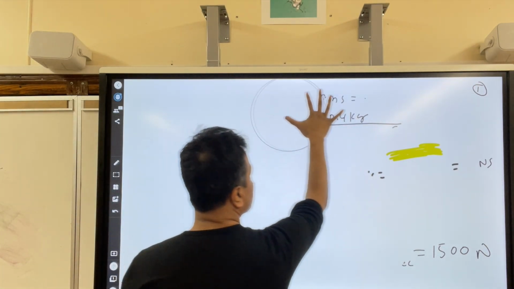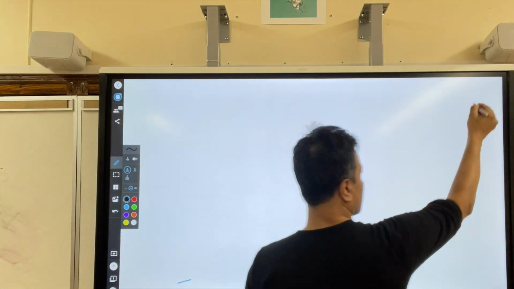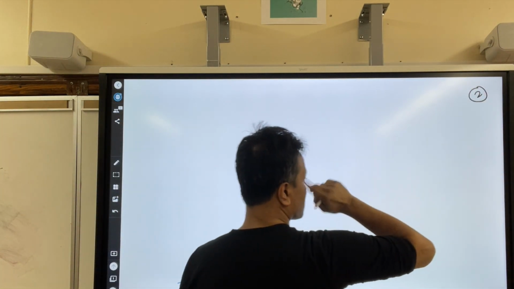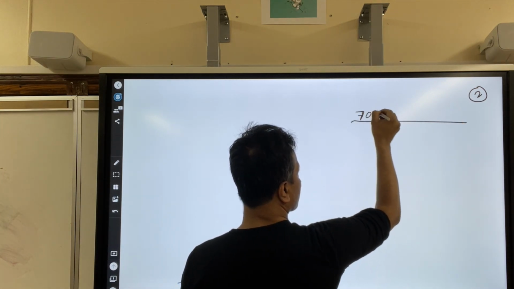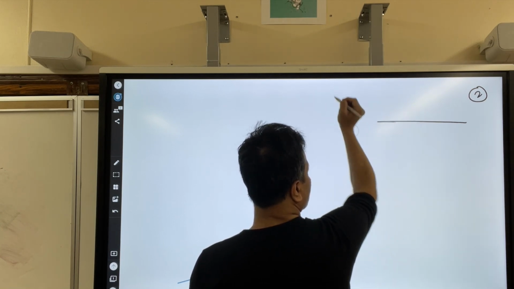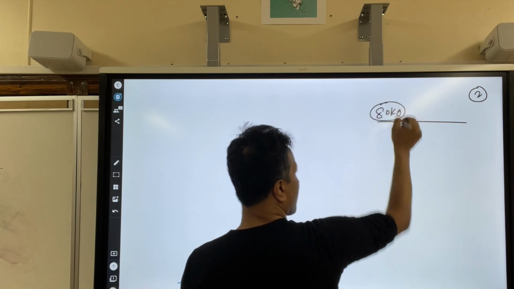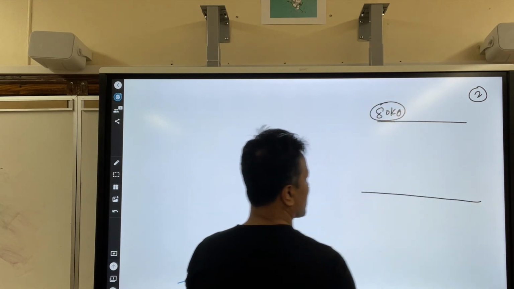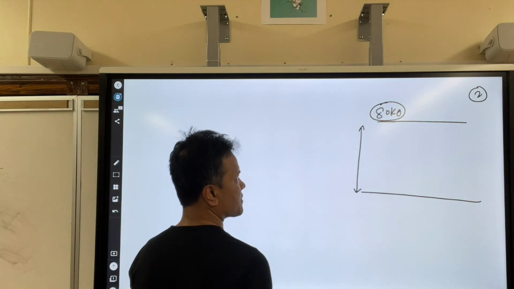Okay, let's consider another problem. Problem number 2. Alright, let's see what we can do to improve our understanding. Let's consider Tom Cruise, who is 70 kilogram probably, maybe 80 kilogram. Okay, 80 kilogram. Tom Cruise jumped from 45 meters above the ground.